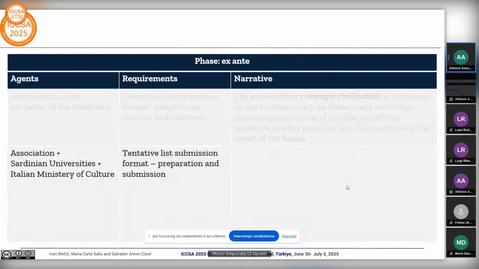The Sardinian universities, as the main experts in subjects such as history of architecture or archaeology, and the Italian Ministry of Culture, because the responsibility of this formal tentative list submission is at the national level. So the Italian Ministry of Culture is responsible for that submission.